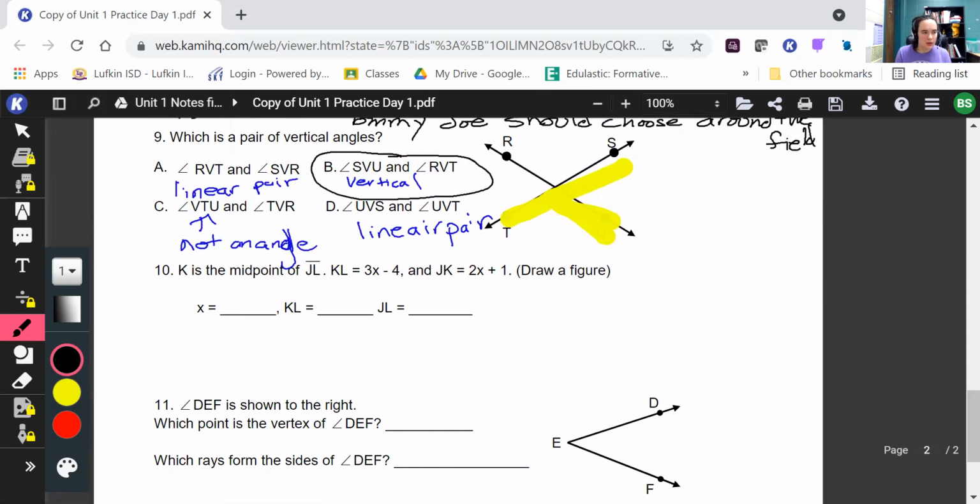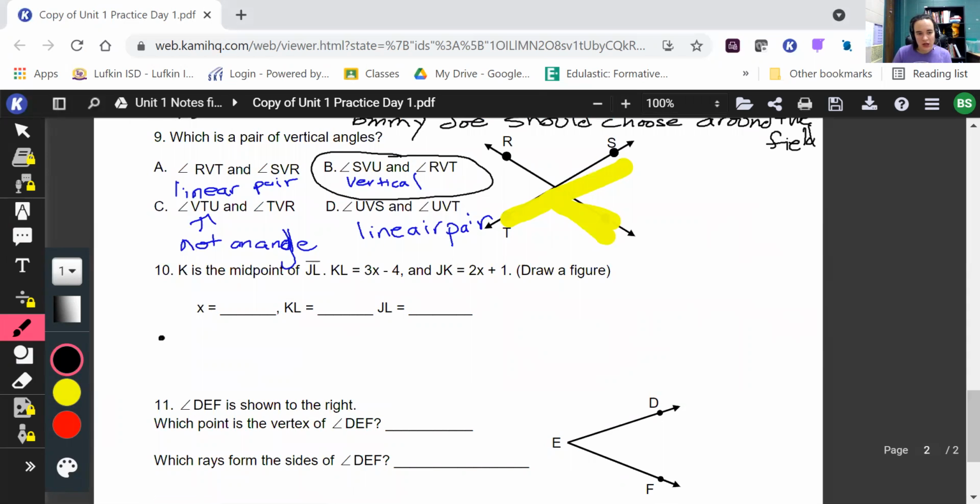Okay, number 10. Point K is the midpoint of segment JL. And the length of KL is equal to 3x minus 4, and JK is equal to 2x plus 1. Figure. So we have K is the midpoint of segment JL.